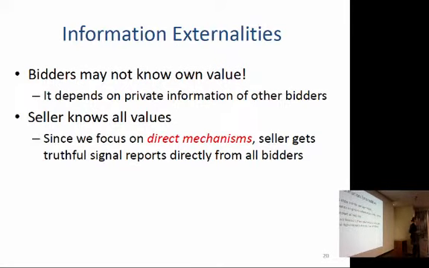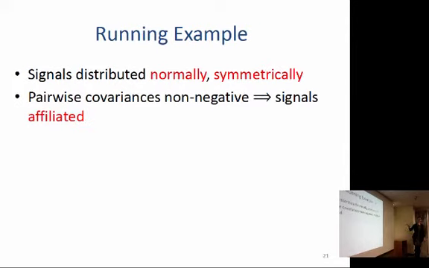So everybody's going to report their signals to the seller. And the seller has all the information. He knows the valuation functions, and therefore he can act on behalf of the bidders. So we do have information externalities here, but we can also deal with them by the mechanism design.